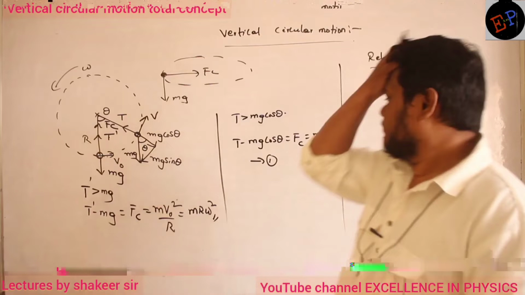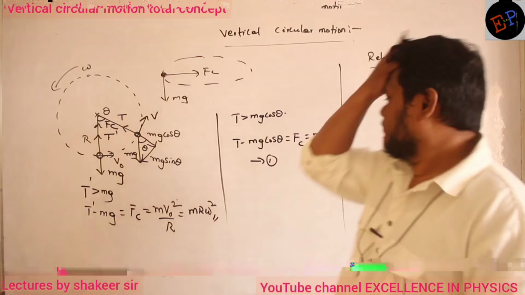So beta is again 90 degrees. It means tension is also going to become 0 after covering an angle of 90 degrees. So not only velocity will become 0, but tension also at 90 degrees, if I throw with a velocity of root 2gl. Understood now? So this is one case.